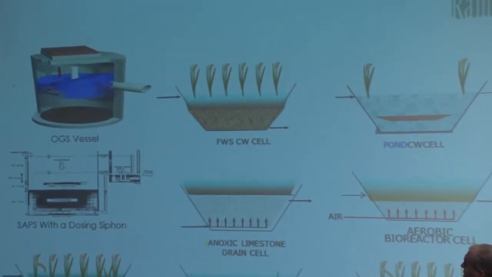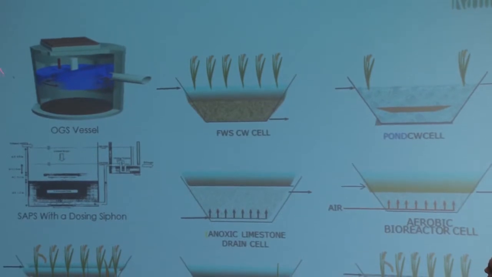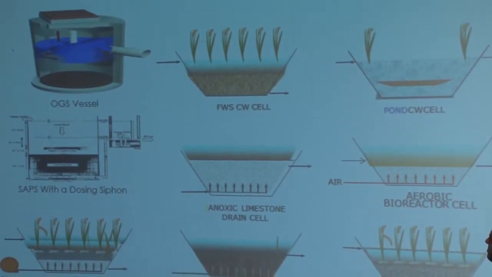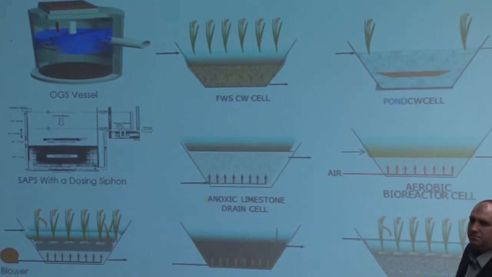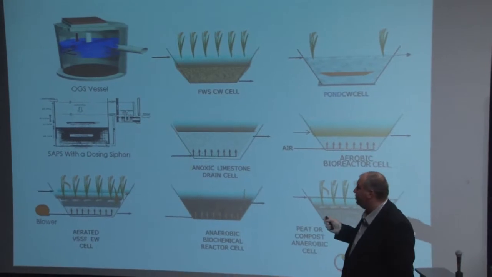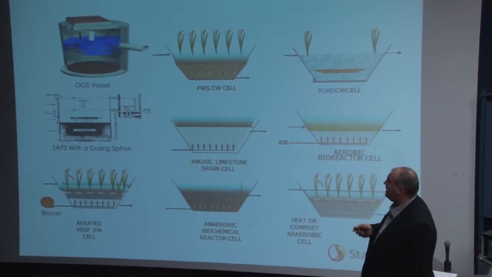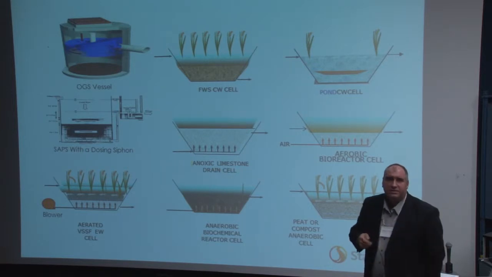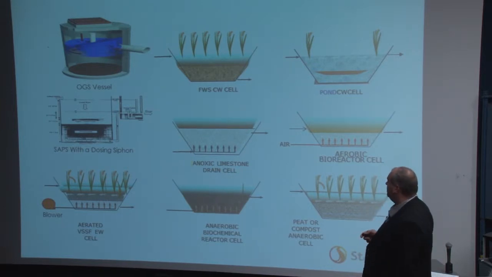Again, we talked about, in some cases where you have a high particulate load entering in your waste stream, you need to have something to do sedimentation before that wastewater reaches your engineered wetland. And we've used oil grit separators, like I've said, sedimentation ponds, etc.